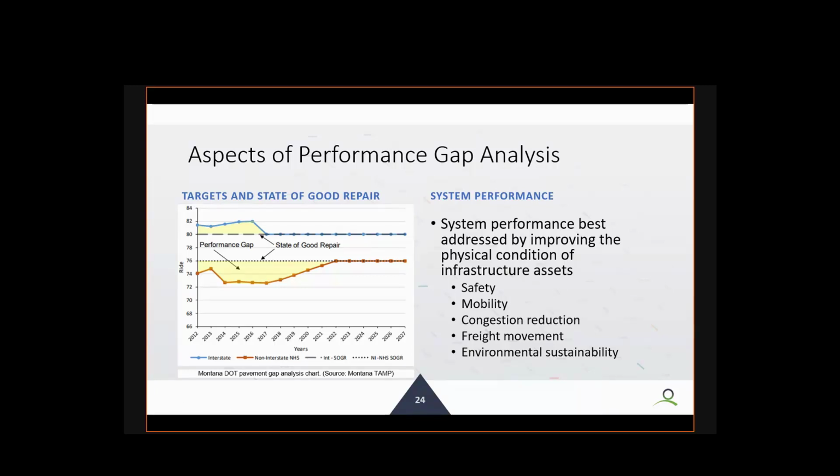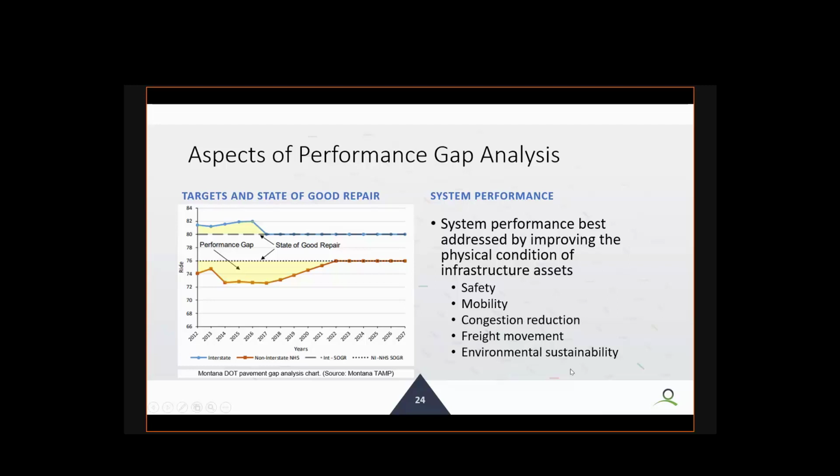They are showing the percentages of good and poor, the desired condition for the interstate pavements, which are the blue line with the circles, and the non-interstate NHS, which is that orange line with the squares. And you can see that they're overperforming historically leading up to 2018 with the interstate system, but they have a performance gap for the non-interstate system.